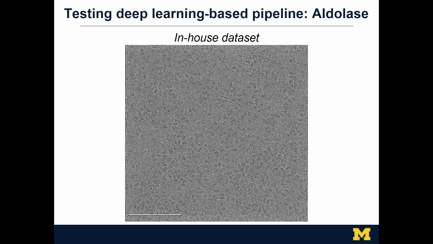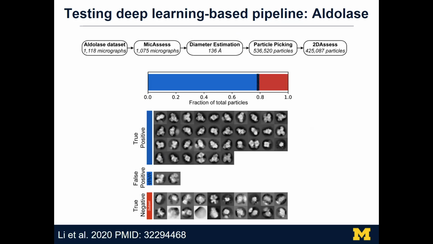We also benchmarked our pipeline on an in-house data set of Aldolase, and this data set is still about 1,000 micrographs. MicAssess identified a few bad micrographs, and 2D Assess successfully classified most of the good 2D class averages. All the true positives here are with higher resolution. 2D Assess made 2 mistakes, so there are 2 bad 2D class averages misclassified as good ones.